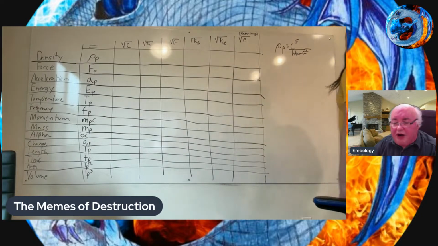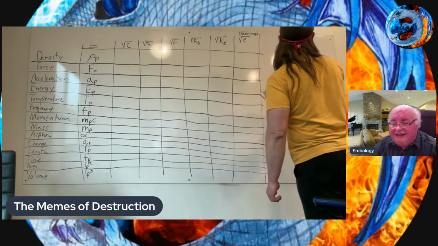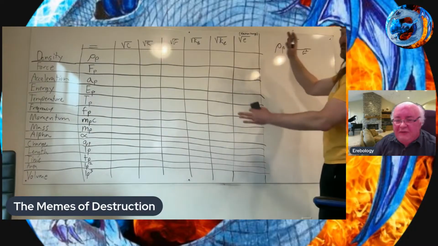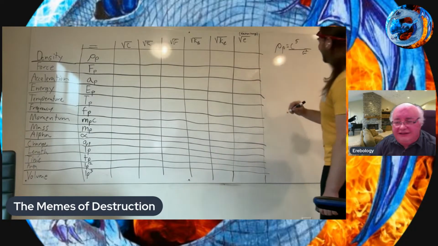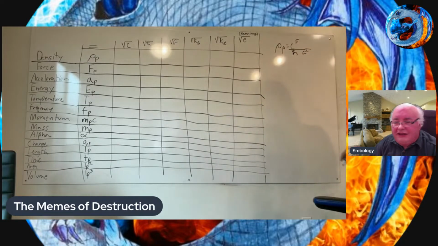You can write h bar with the h slash. Oh yeah, I'm so used to typing in Wolfram Alpha. You can write it just with a little hat. So yes, that's correct. All right, got it.